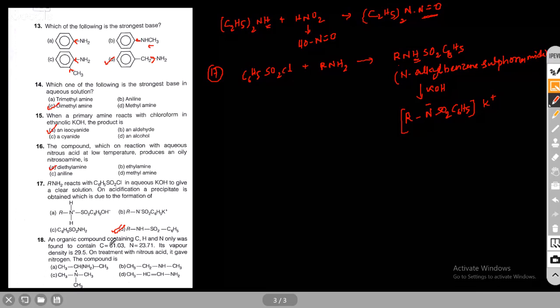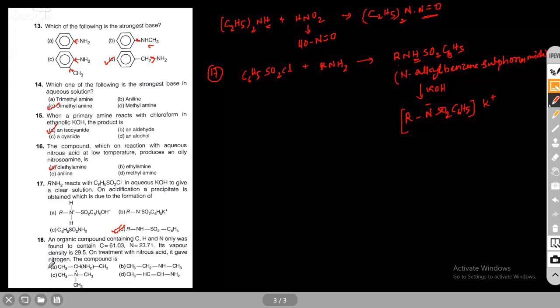So check the molecular mass of A and D; it should equal 2 into vapor density. So option A is correct.